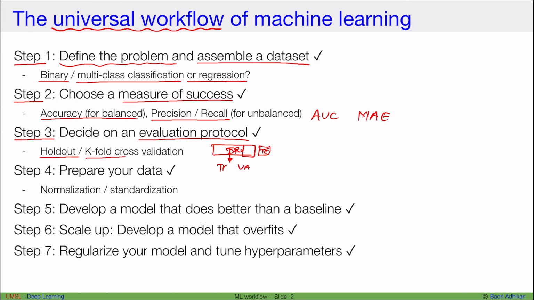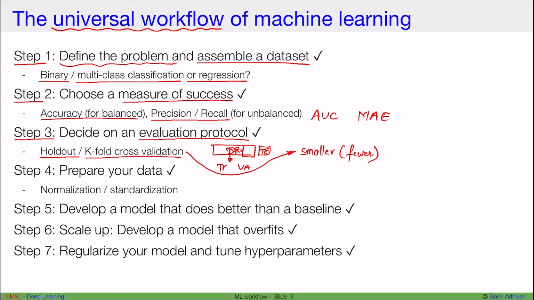Or you may want to do something more complicated, such as k-fold cross-validation. Now, k-fold cross-validation and such fold-based validation techniques are useful when you have a smaller number of rows or fewer data. But when you have a larger data set, the basic holdout technique works totally fine.